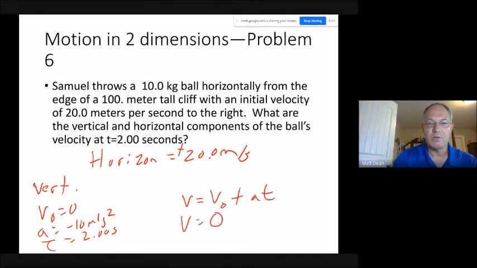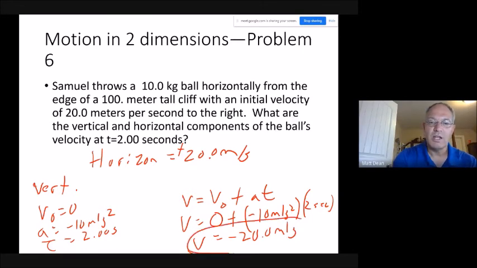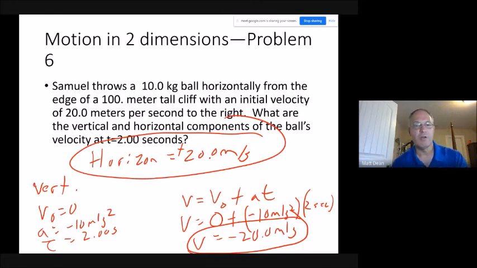So v is equal to an initial vertical velocity of 0, plus an acceleration of -10 for 2 seconds. So after this ball has fallen for 2 seconds, it's moving vertically at -20 meters per second. It's moving horizontally at +20 meters per second. So our answer in this case would be horizontal component of +20, vertical component of -20.